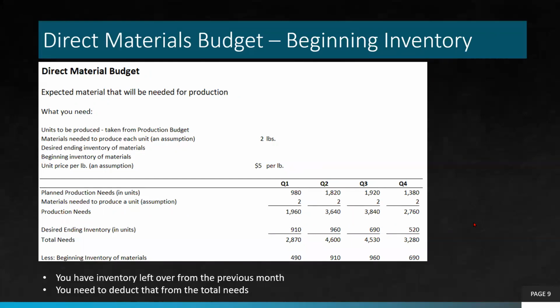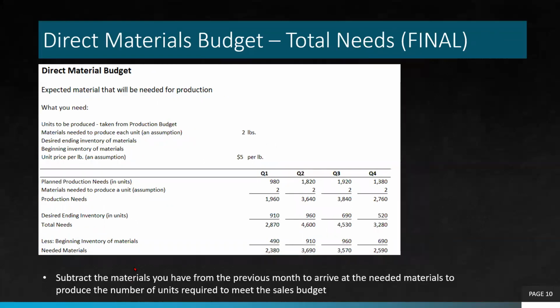Now, just as we did with the production budget, we have some inventory already in stock. So we're going to subtract that amount from what we need. And when we do that, it shows that we need 2,380 pounds of material to produce 980 widgets or books that we sell to meet that sales budget.